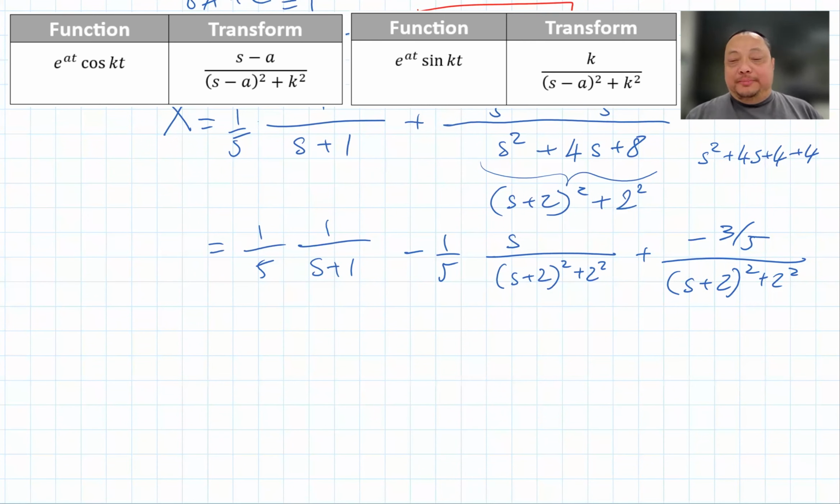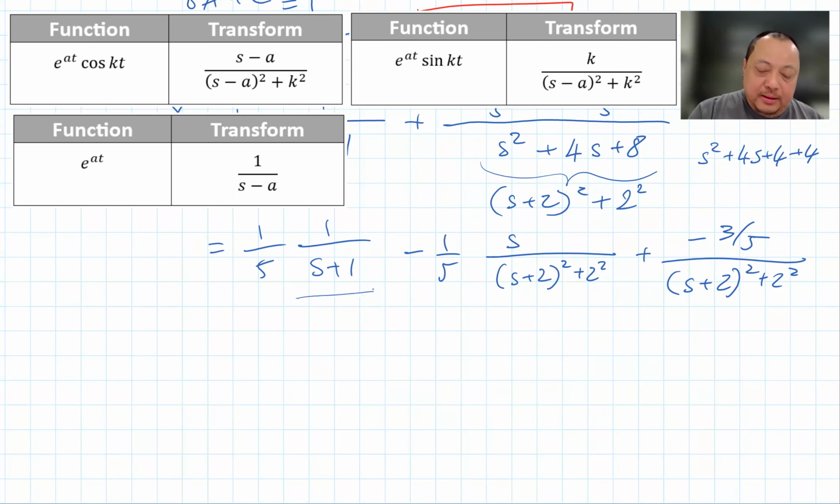I'm almost there. This is the e. This is the cosine, and this is the sine. But the cosine, if I have s plus 2 in the denominator here, then I also need s plus 2 in the numerator. So I have to put in an extra 2.